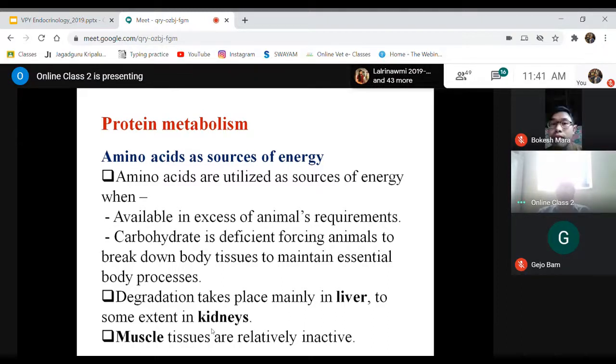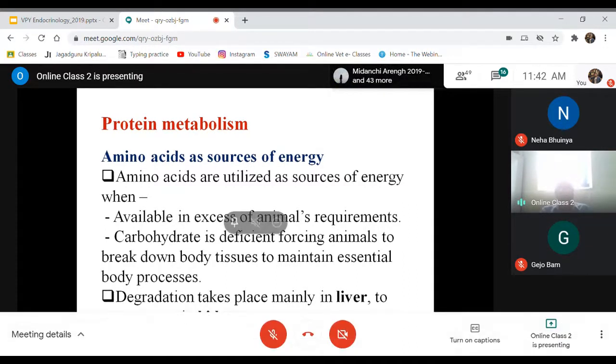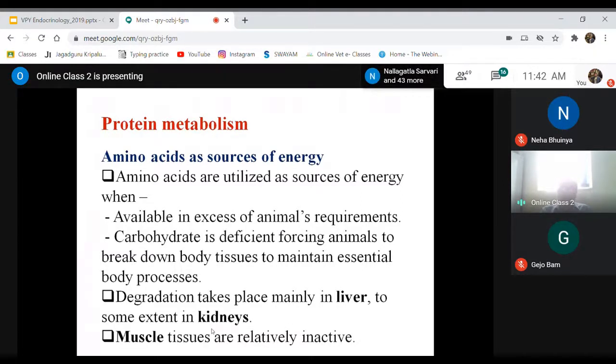But when there is a deficiency of carbohydrate and fat, which are the main sources of energy for the animal, amino acids may also be utilized for energy production, as a source of energy. That particular metabolism is known as gluconeogenesis, that means production of energy from sources other than carbohydrate.